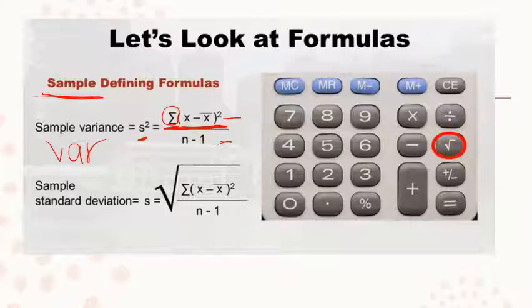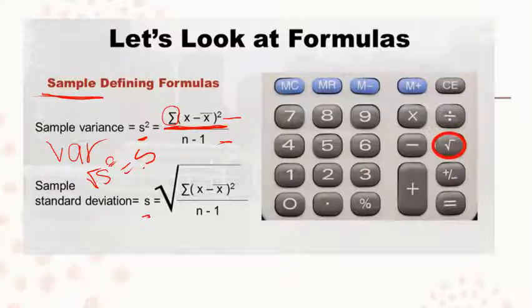Now let's look at the sample standard deviation. Notice that the code for standard deviation is S. Wow, just S. Well, remember that square roots and squaring something are opposites. And remember that we also said that standard deviation is the square root of sample variance. So if you were to take the square root of the sample variance, you get S. It's not writing.